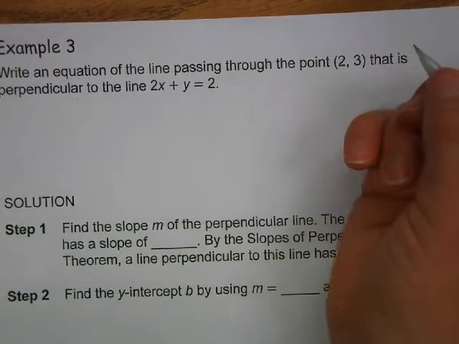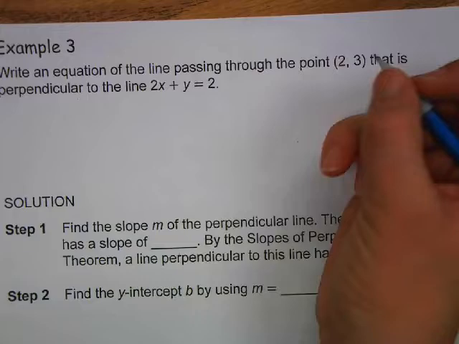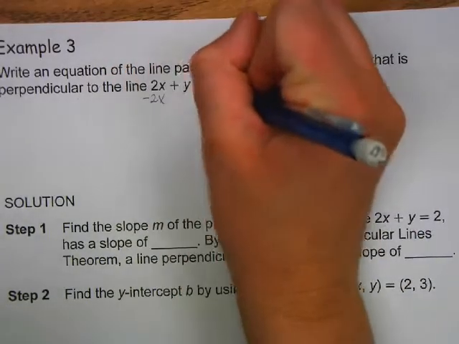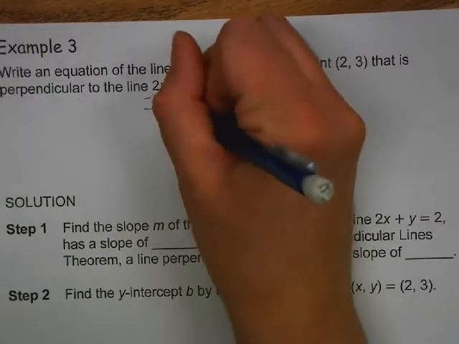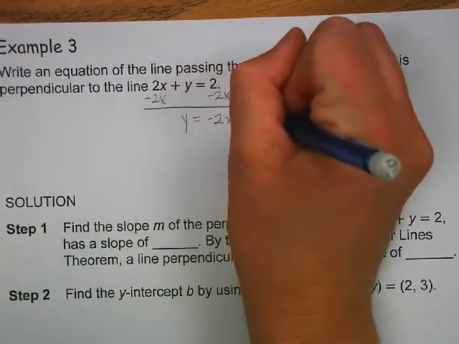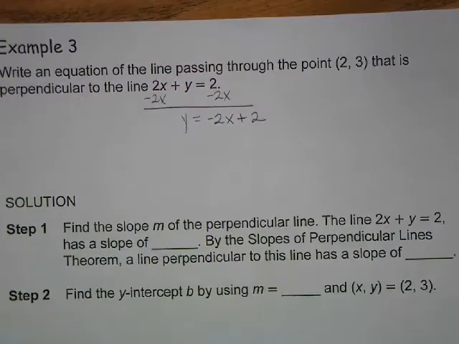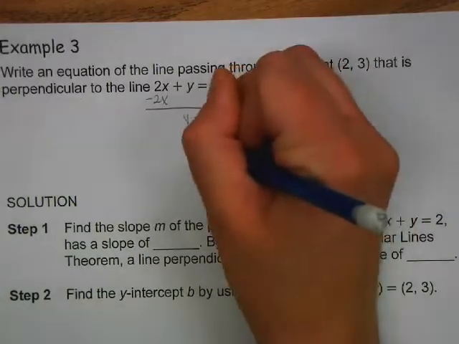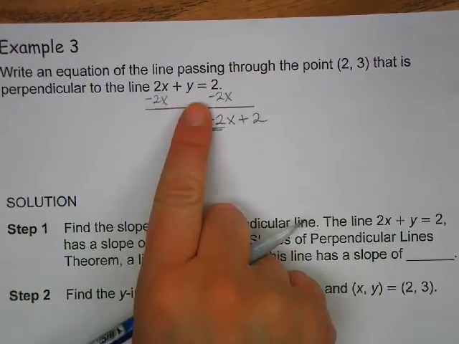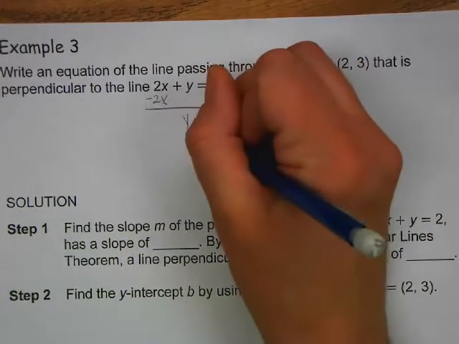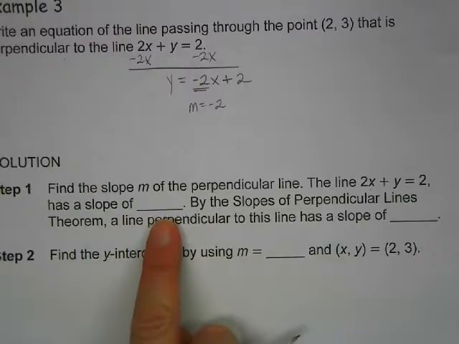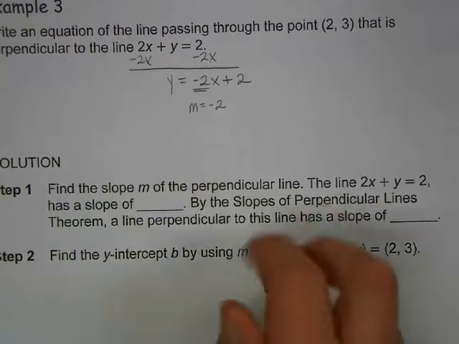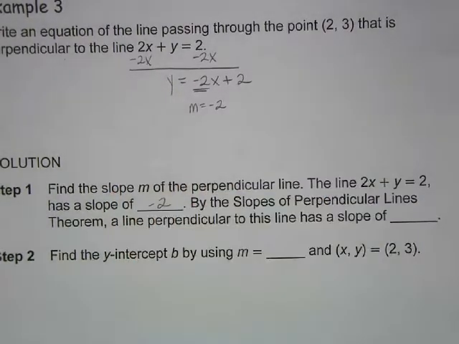So first things first, put this into slope-intercept form. And you could do that by subtracting 2x from both sides. So y equals -2x plus 2. So my slope of the line 2x plus y equals 2 is -2. So I could put that right there in this blank. The line 2x plus y equals 2 has a slope of -2.